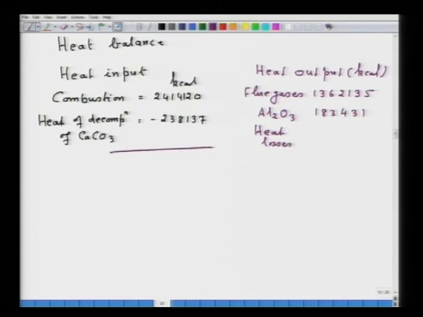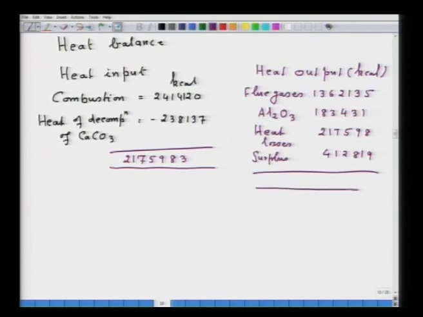So, here the input will be 217,593. So, heat losses will be 10% of that, 217,598. Then we will be having surplus, that will be 412,819. So, if we sum total all, it will again be equal to 2175983. So, that is how you will be doing the heat balance for problem number 3.